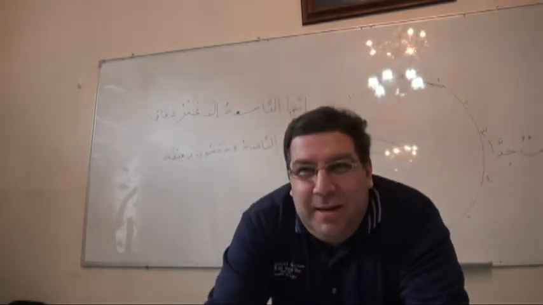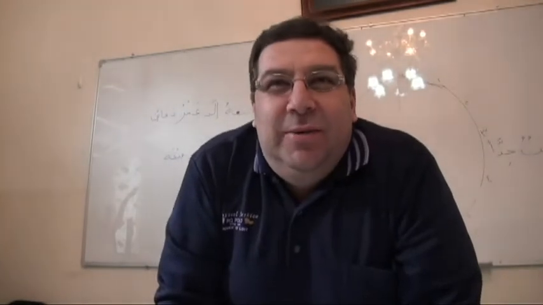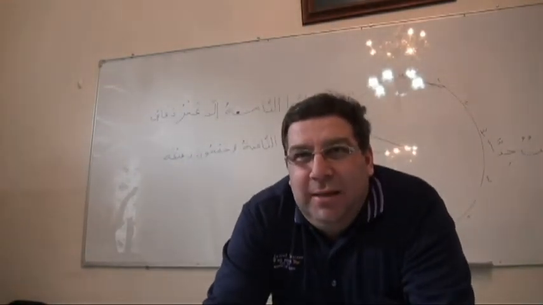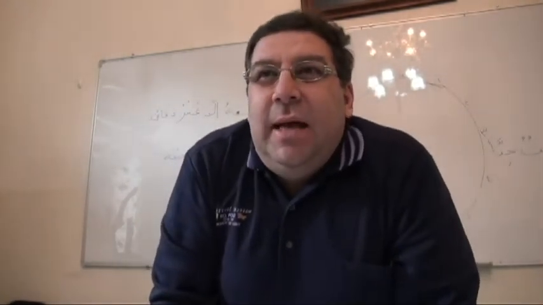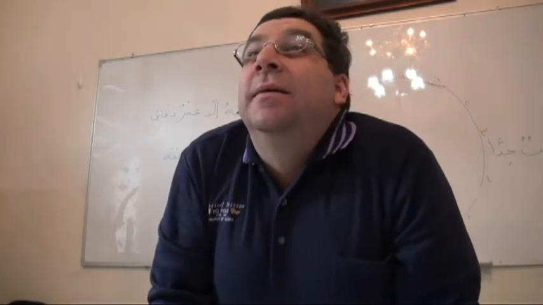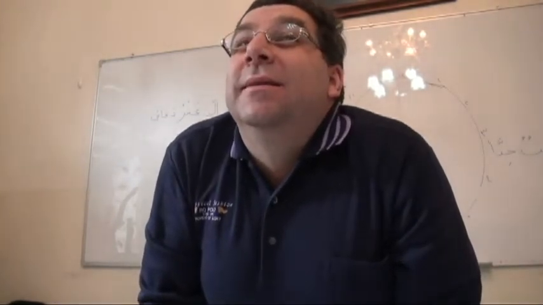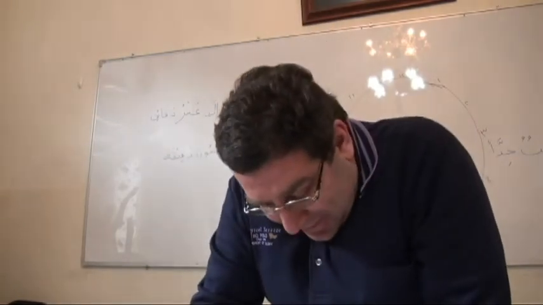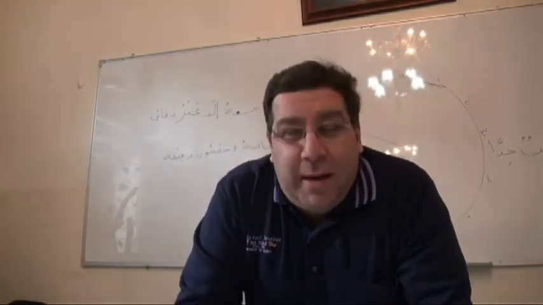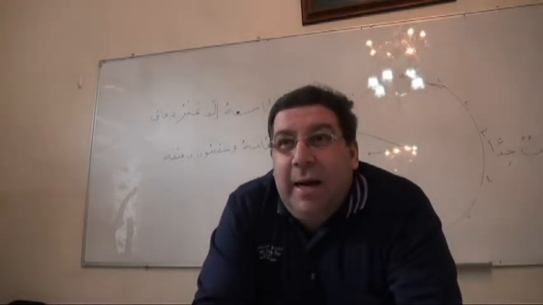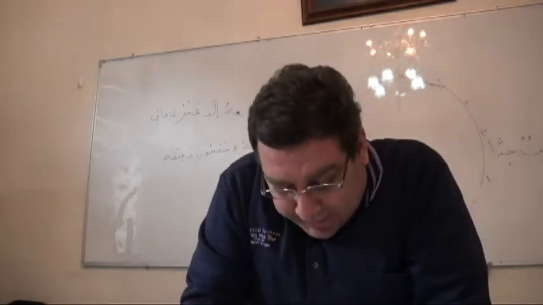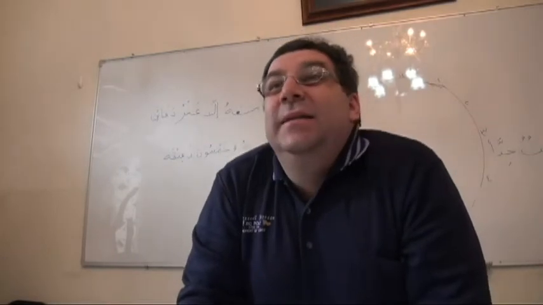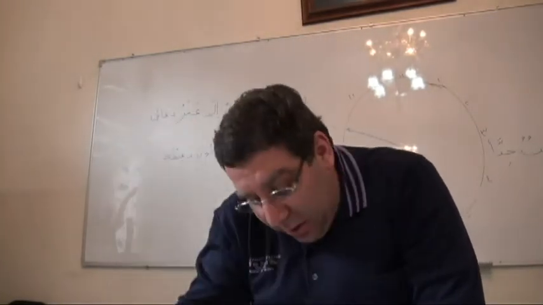Okay, now, whose turn is it? Who didn't really practice? Aisha, not Aisha. Wait a minute. You try. Oh, okay. So then, Saida. Saida, yalla. Read the last one on 32.